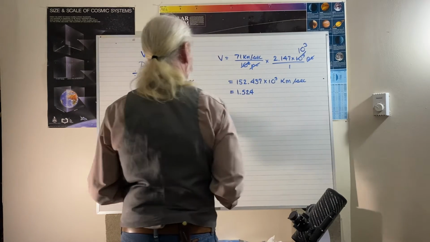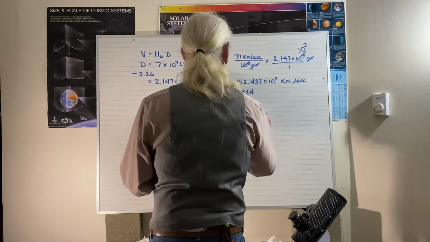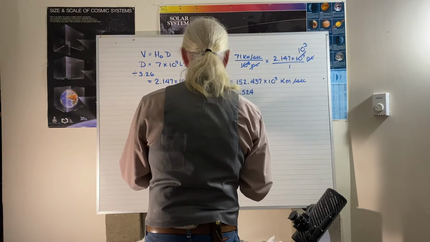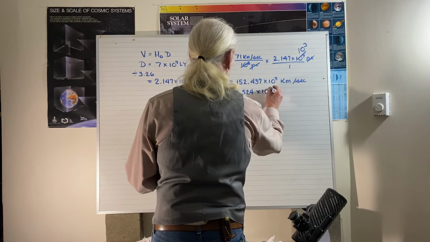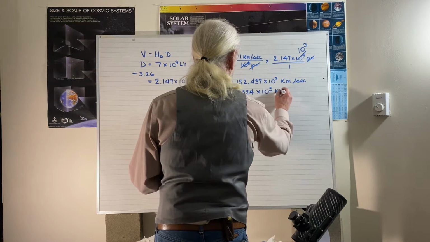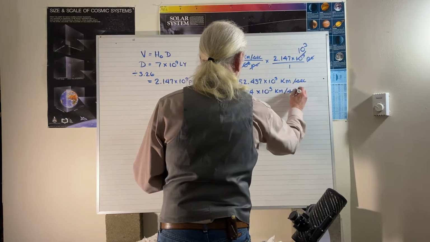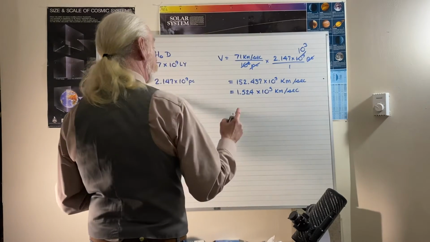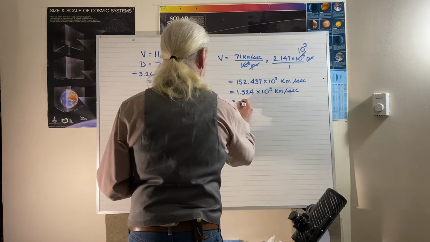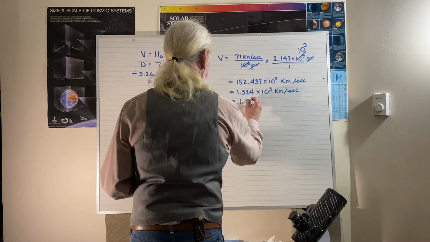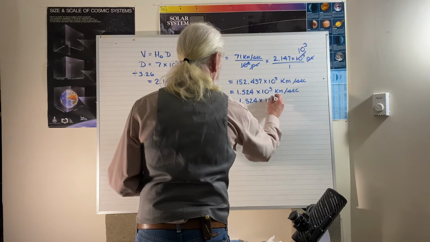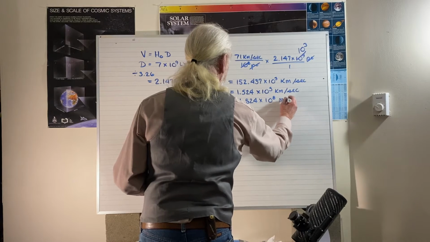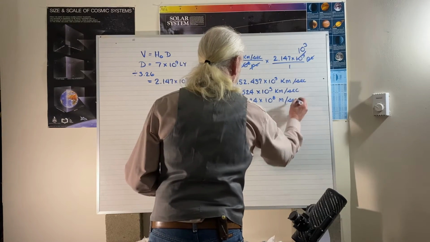So I move my decimal point to the left, and that means my exponent is going to go up, times 10 to the 5th kilometers per second. Okay, kilo, that's 10 to the 3rd, so that means I'm talking about 1.524 times 10 to the 8th meters per second.